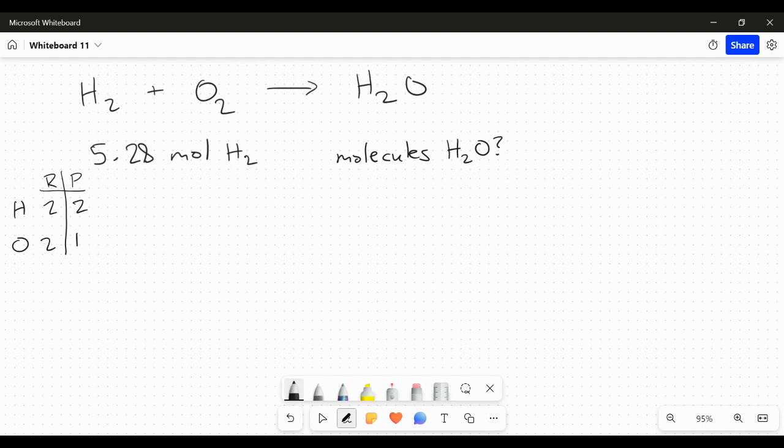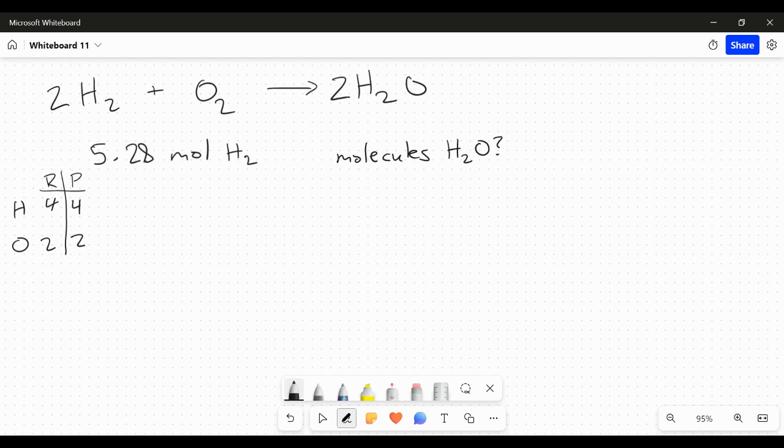We've got 2 on the left, 1 on the right, so let's put 2 right here. That changes both hydrogen and oxygen on the right-hand side. I now have 4 hydrogens and 2 oxygens. My oxygen's balanced, but now hydrogen's not, so let's add some more to the right. Now we've got 4. We've got a nice balanced chemical equation.